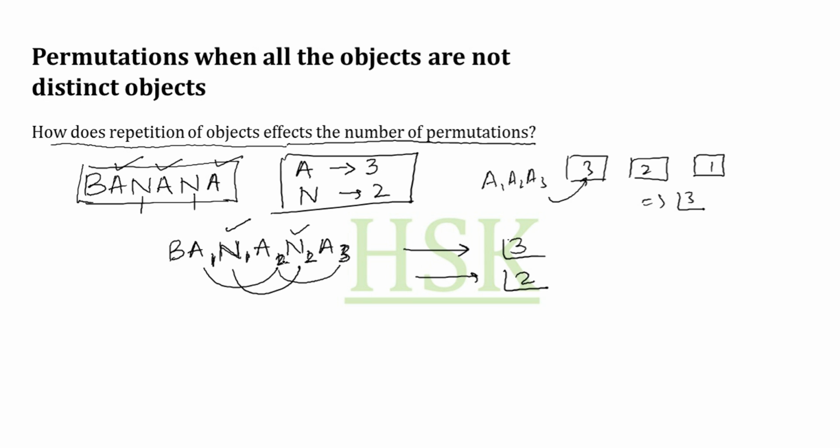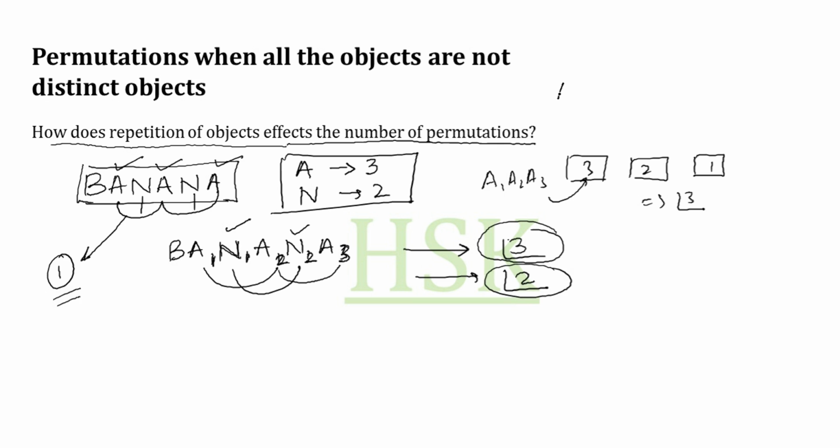So by assuming A1, A2 and A3 as distinct, we get 3 factorial ways and 2 factorial ways extra. But all the A's are identical. Being identical, they are equivalent to only one arrangement.